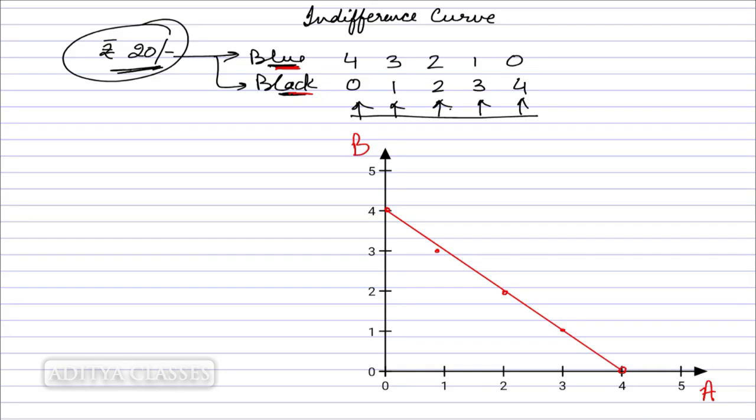Now, in real life, the choices between two products are never so linear. That is, for 4 and 0, 3 and 1, the choices are generally never so linear. The choices follow a principle of marginal rate of substitution. What is marginal rate of substitution?